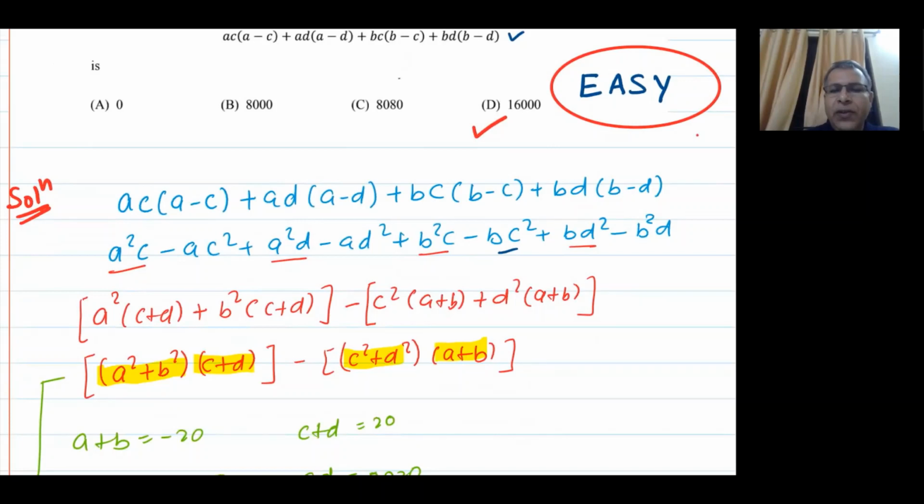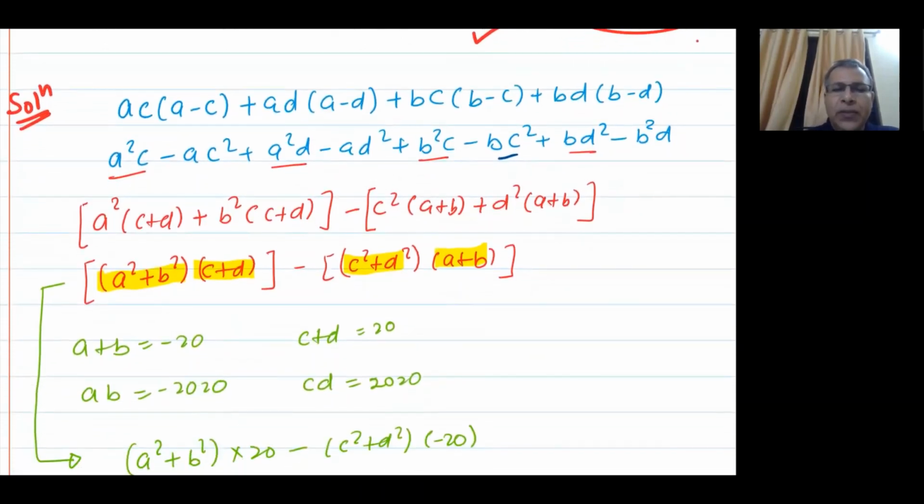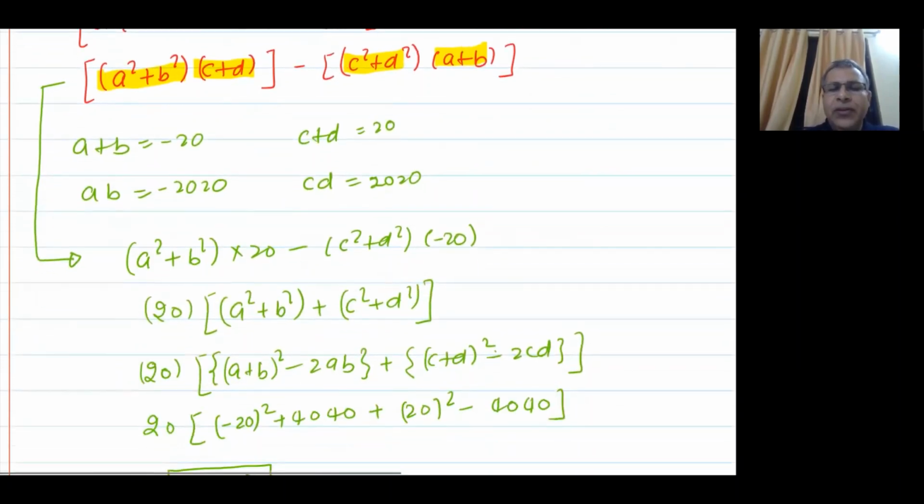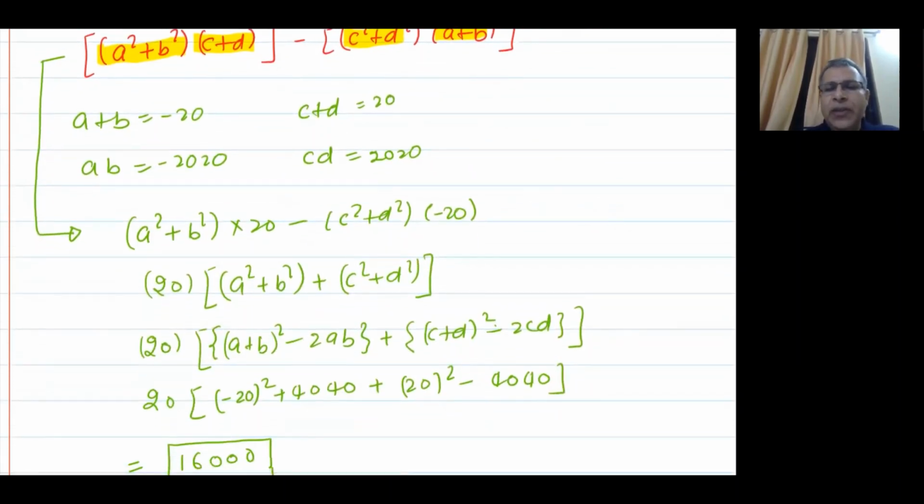Now we know that the sum of roots a plus b equals minus 20 and the product ab equals minus 20, and c plus d equals 20 and cd equals 20. Substituting the values, we get (a square plus b square) into 20 minus (c square plus d square) into minus 20. So it becomes 20 times (a square plus b square plus c square plus d square).